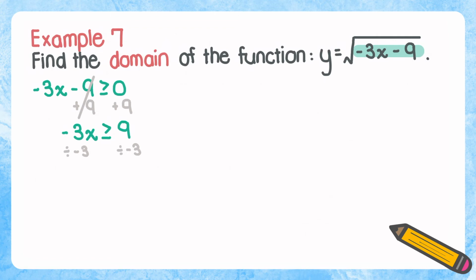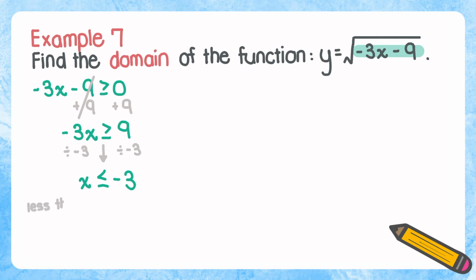So what happens to the inequality right here? The inequality is going to flip. So we're going to have x is less than or equal to negative 3. Again, it's less than or equal to because the sign flips when you divide by a negative.